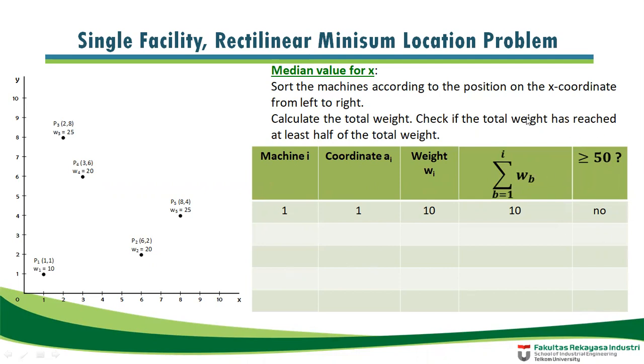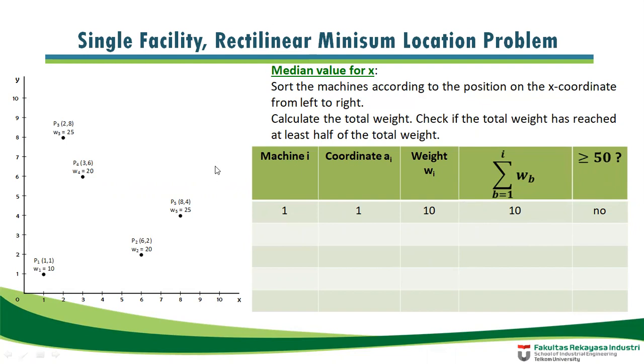So this is the iteration statement. The iteration will be stopped when the cumulative weight reaches half of the total weight.